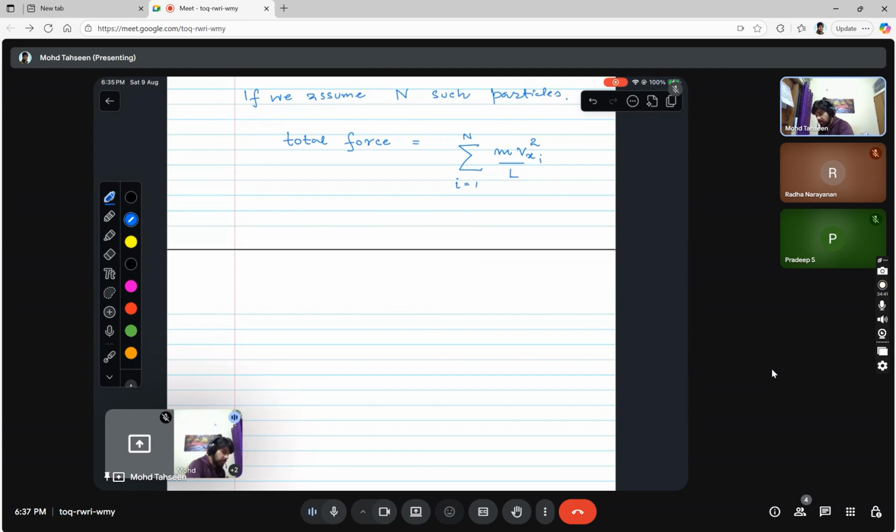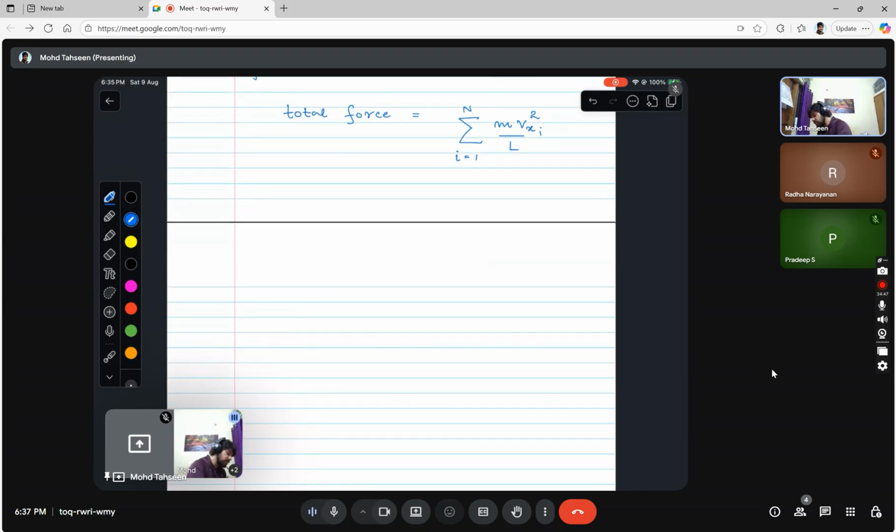Now m and L are constants. We assume that all of the particles have the same mass, so we can pull them out of the summation sign. So I'll write this force as F. This is going to be equal to m upon L times the summation, i runs from 1 to n, of vxi squared, right?